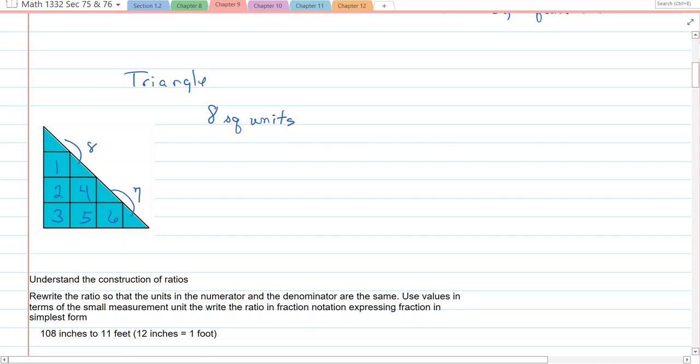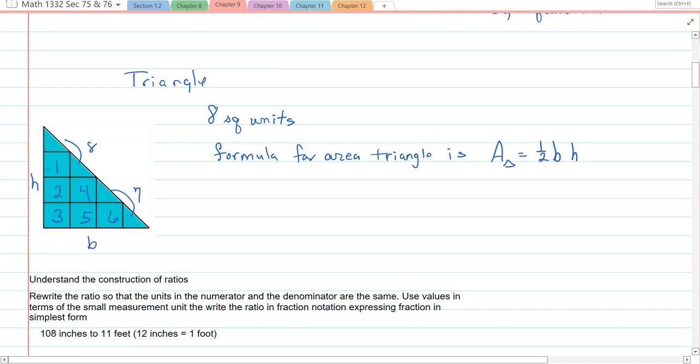And the measurements being feet, inches, meters, or whatever. But we know that the formula for area of a triangle is area of a triangle equals 1/2 base times the height. Well, this is the height and this is the base.